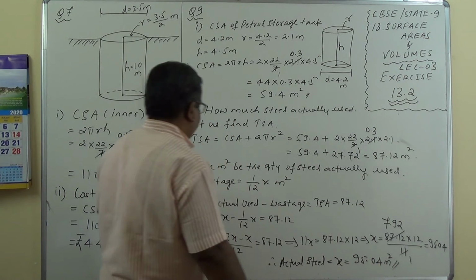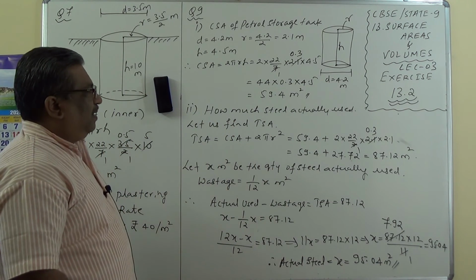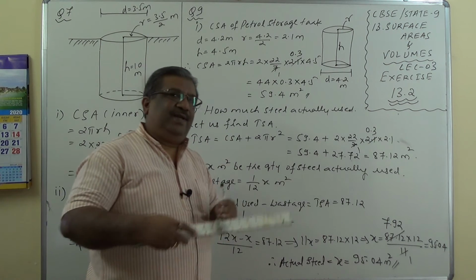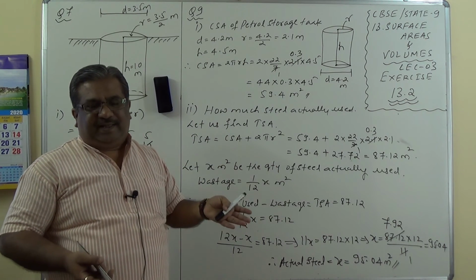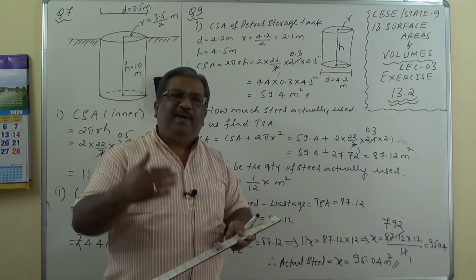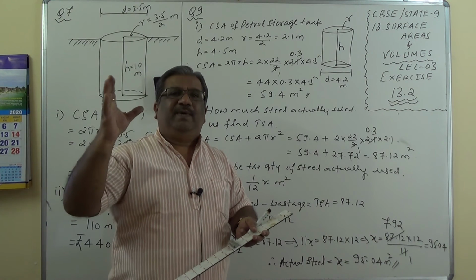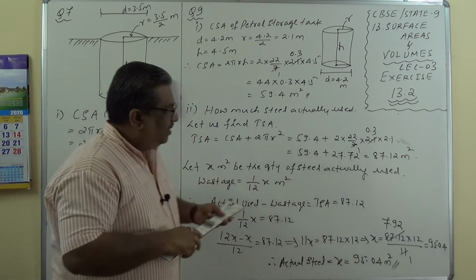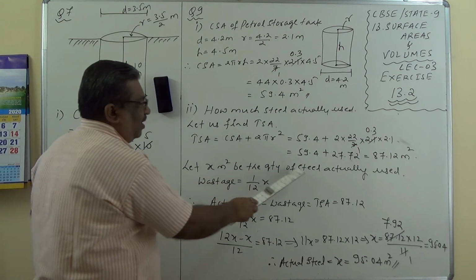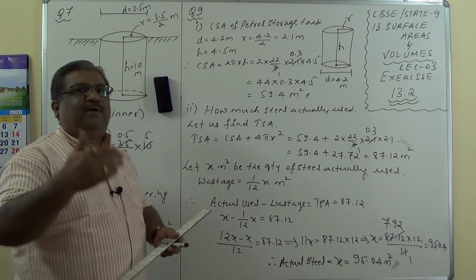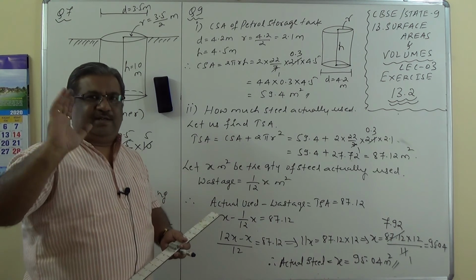87.12 square meters. Now this is calculated, but actually used much more than that. Why is it more than that? Some wastage is there. So let me assume, let x square meters be the quantity of the steel actually used. What is the wastage? 1/12 of the actual steel used is the wastage.